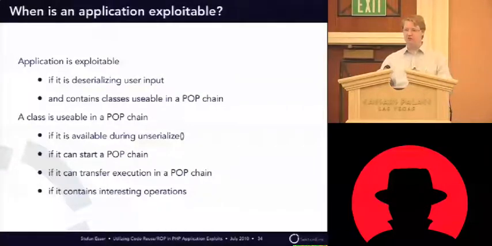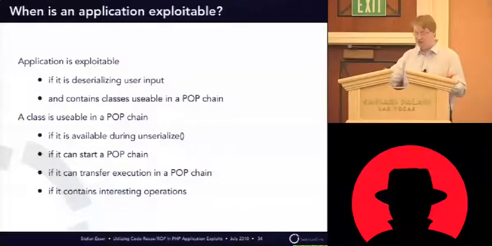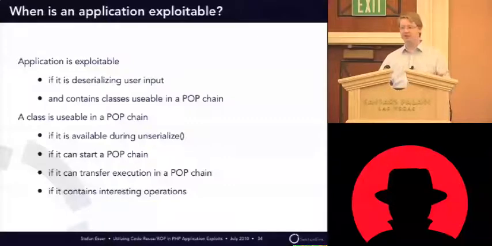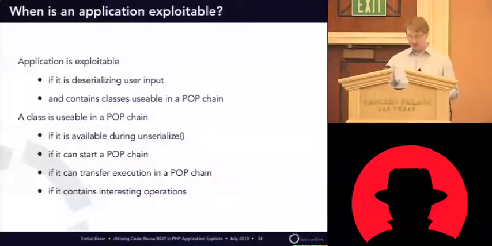And a class is usable for the POP chain if it can start the POP chain. First of all, the class must be available in the application at the time of the unserialize. Then you need something to start the POP chain. You need something to transfer the control from one object to the other. And in the end, you need some object with interesting operations. I will go on this later.